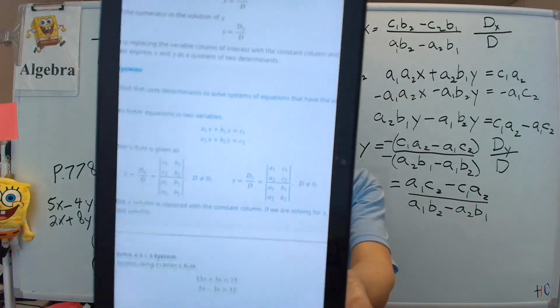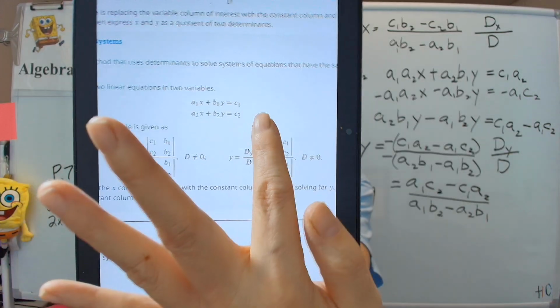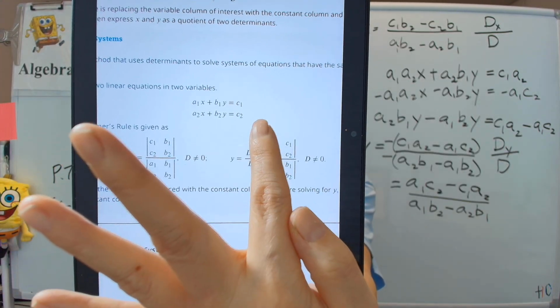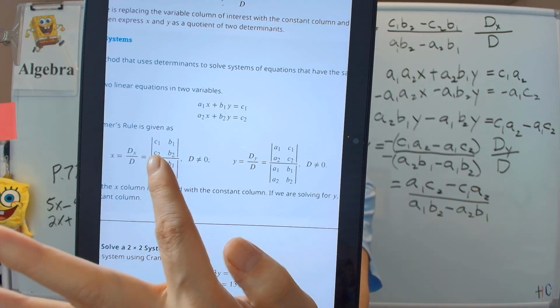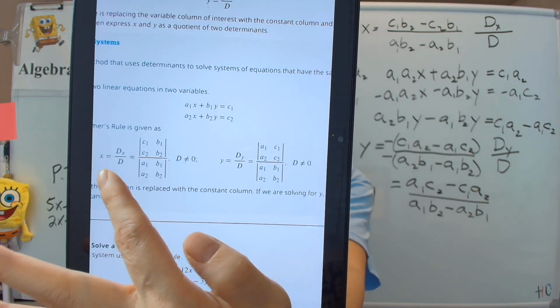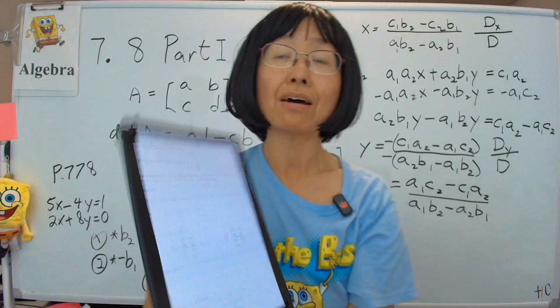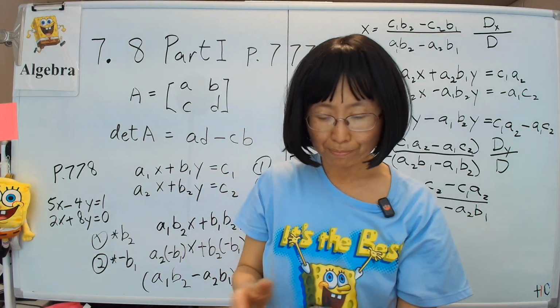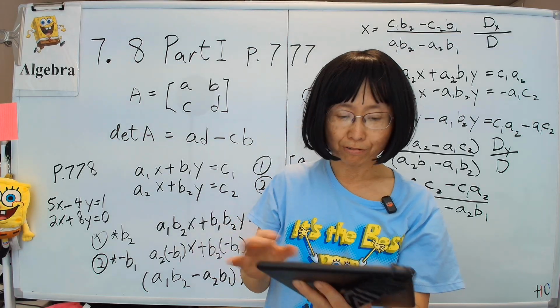So when you're doing the division, replace the last column, whatever it equals to, replace these numbers, slap it on top of the x coefficients if you are calculating x, or y coefficients if you are calculating y. That's how these formulas are memorized, by me anyway. So that is, generally speaking, Cramer's rule.